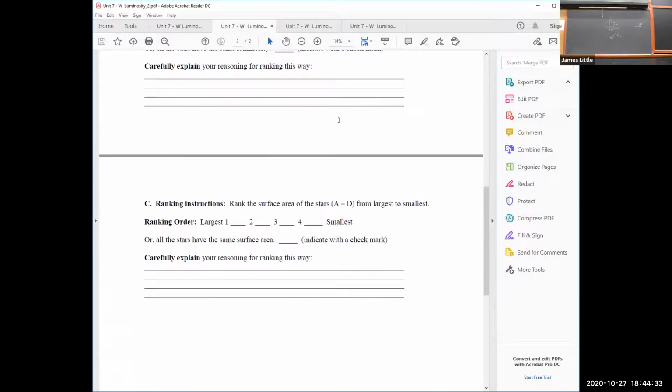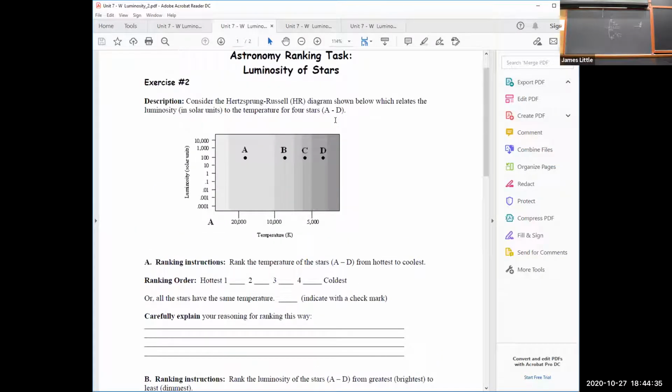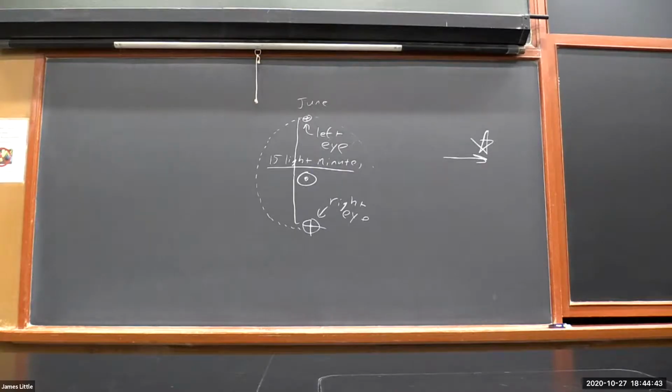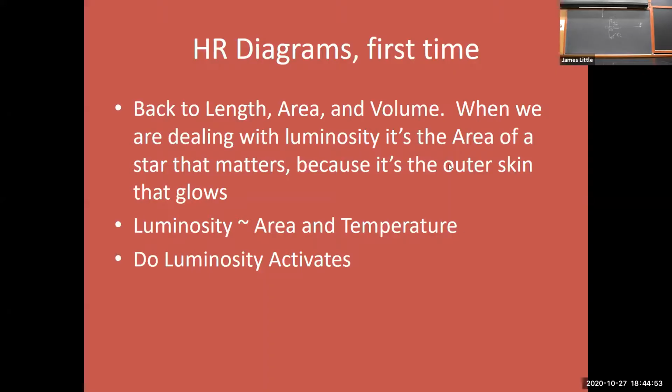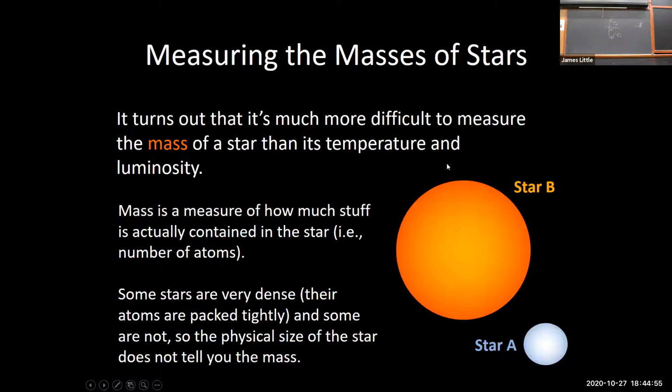Rank the surface areas of the stars from largest to smallest. This takes some thought, and I'm going to do this after I introduce HR diagrams. Sorry, back to the slides. We shall return to that, but I want you to see HR diagrams a bit before that.